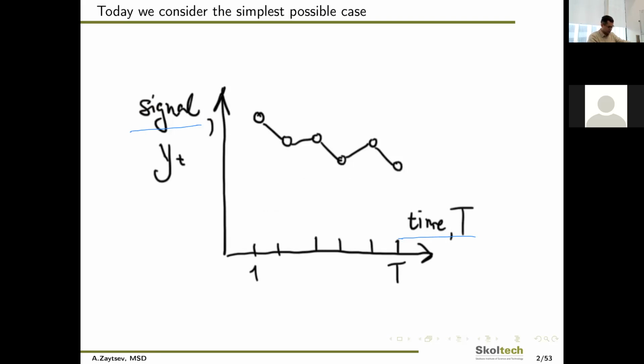In real life, it can for sure be more complex. One example is that we have a lot of signals out there, and in this case we have multidimensional, or multivariate, time series. But many basic things we can see even in the univariate case, which we focus on right now.